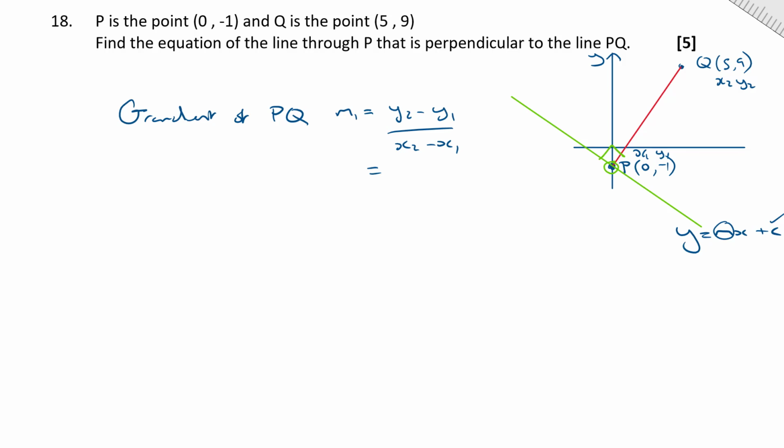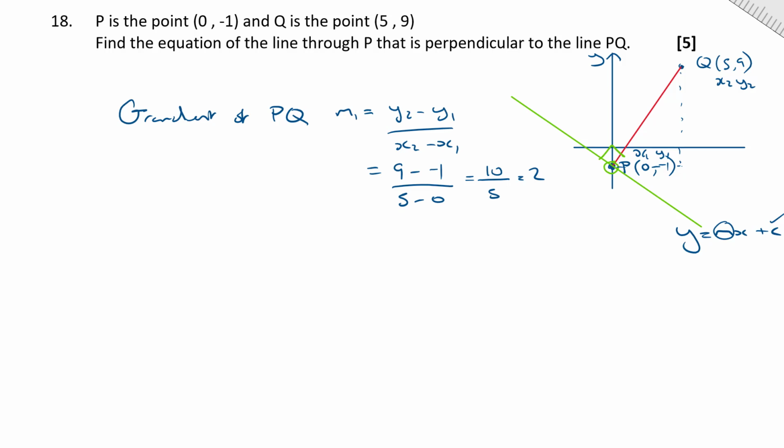So subbing in, basically what you're doing is just trying to find the change in y and the change in x between these 2 points. So I've got 9 subtract -1 for the change in y, divided by 5 subtract 0 for the change in x, which is what? 9 subtract -1 is 10. 5 subtract 0 is 5. It's got a gradient of 2.